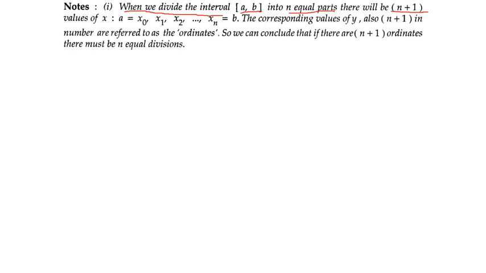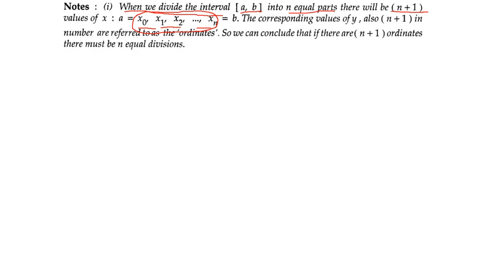See, here is one part, here is another part, here is another part, and so on. You will get finally n parts. So in these n parts, how many values of x can you find?